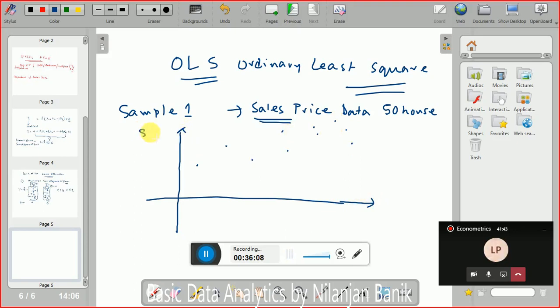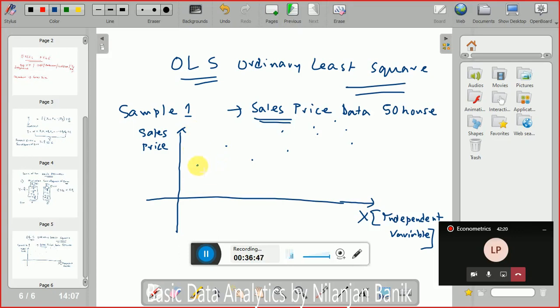On the y-axis I have the sales price, and on the x-axis I have this x variable, which I am calling the independent variable, which is actually explaining the price of the house, right? So for instance, if I have 1 bedroom, 2 bedrooms, 3 bedrooms, 4 bedrooms, what is the average price of house? So this is what we are getting.